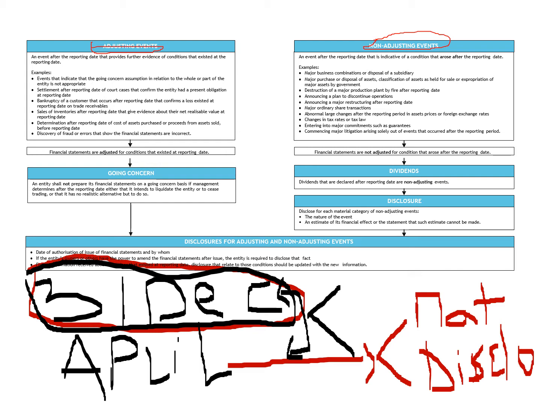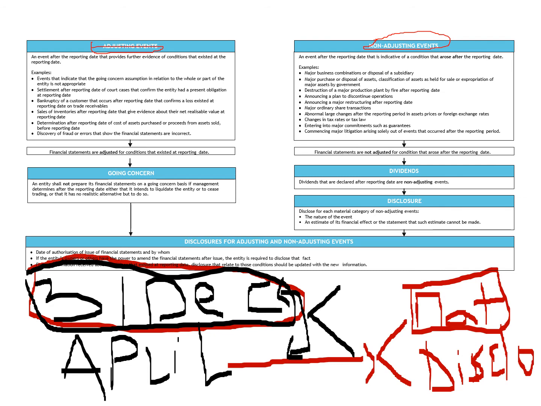I just need to disclose this fact in my financial statement and say, okay, if it's material, we'll just disclose this event and say, okay, this client, which is material to us, has gone bankrupt following year end.